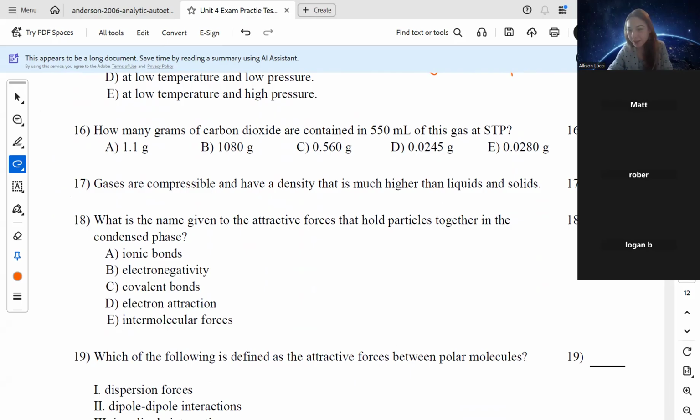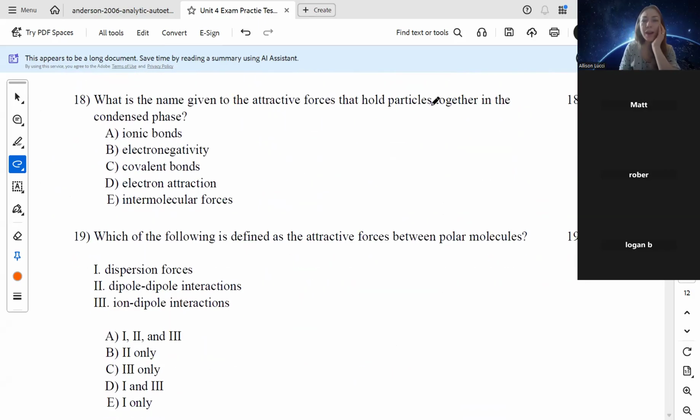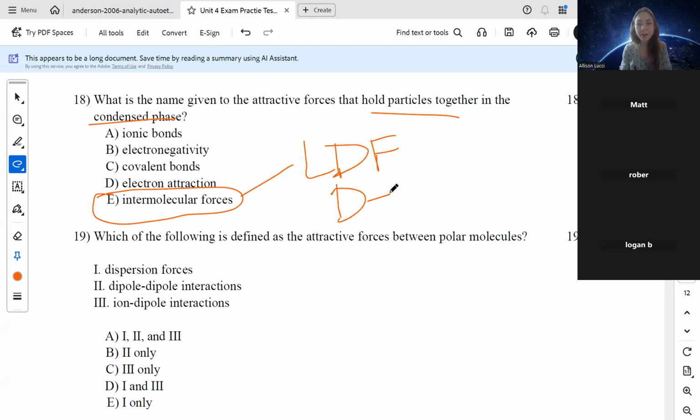Let me move to more intermolecular forces here because we've been talking about gases this whole time. What are the attractive forces that hold particles together in the condensed phase? So this would be either liquid or solid phase. We have the intermolecular forces. In general, we have the London dispersion forces, dipole-dipole, and H bonding, right?